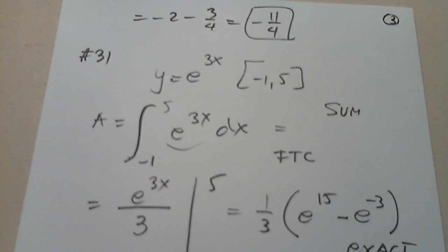So, from -1 to 5, and then we have e to 3x, and then dx.